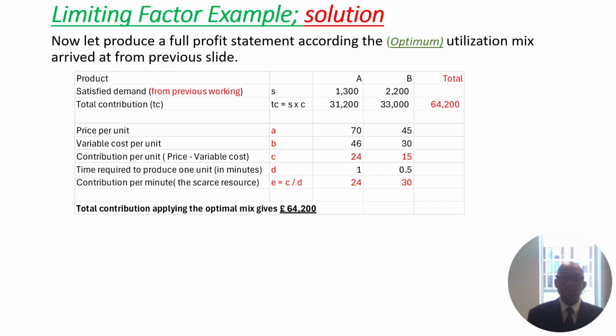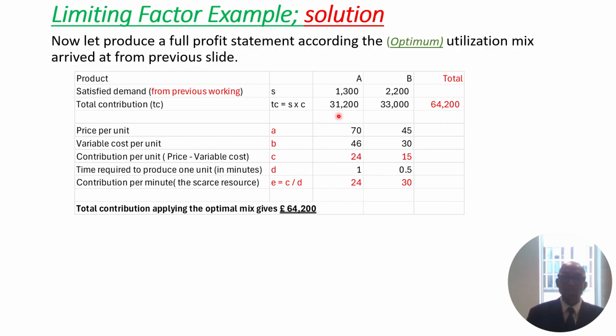To compute the total contribution using this optimum mix, we multiply the total produced for A, which is 1,300, by the contribution per unit, C. So total contribution equals S, which is the demand, times C, the contribution per unit.